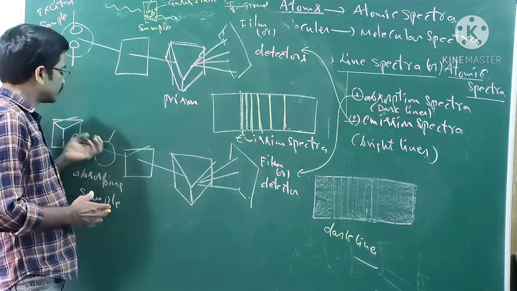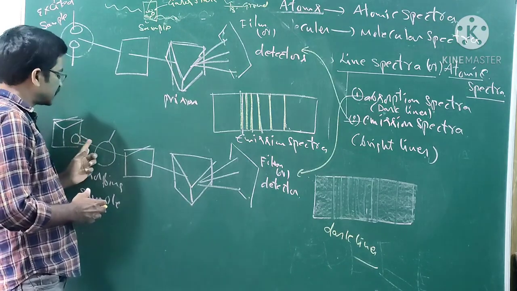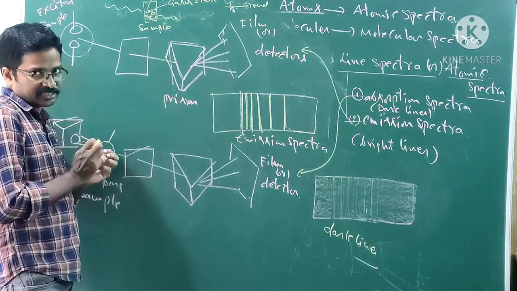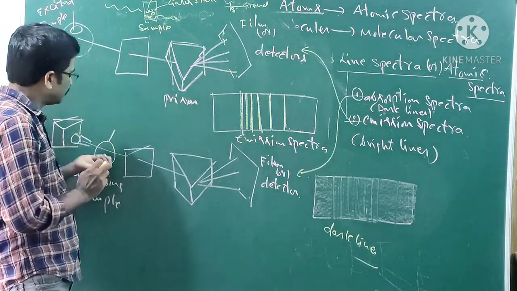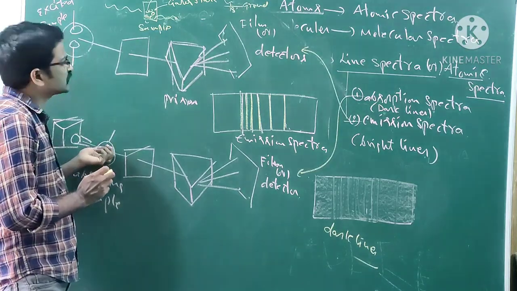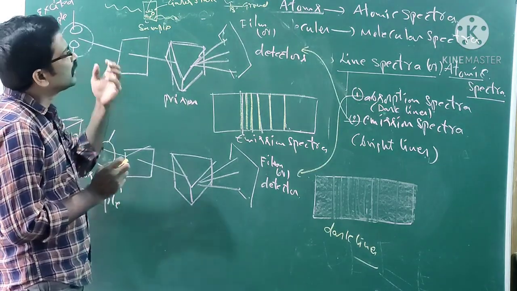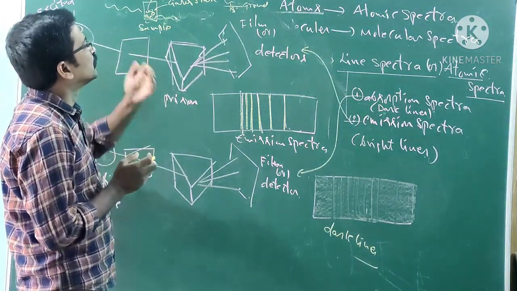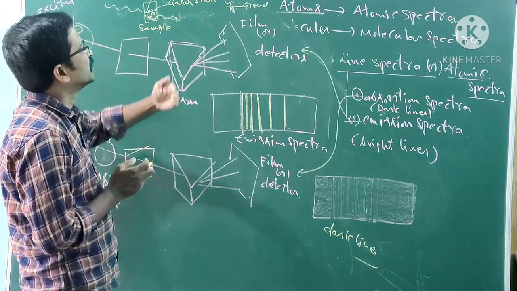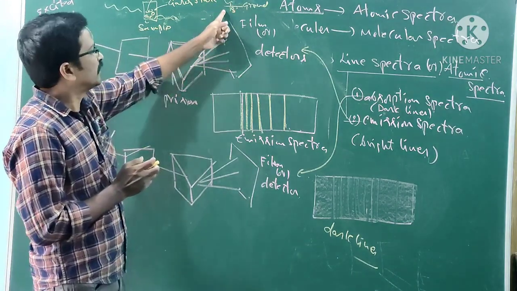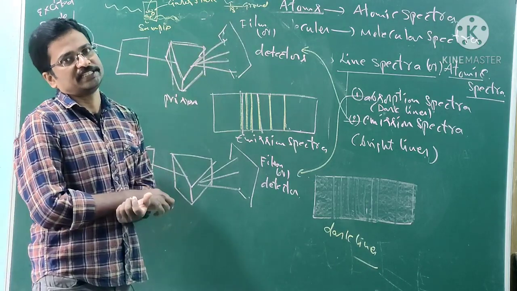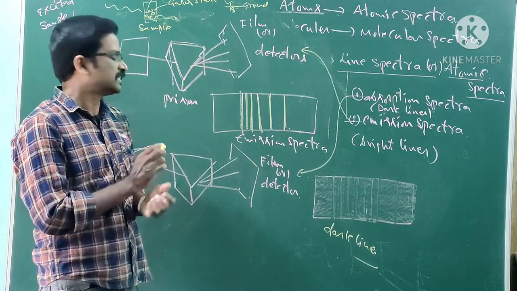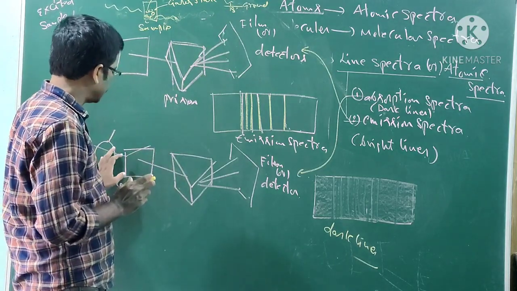These atoms can absorb certain energies, and the atoms utilize that energy to move an electron from a lower energy state to a higher energy state.